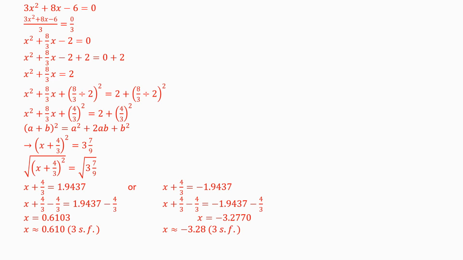And to delve deeper into the significant figures, I found it wise to share some rules of identifying whether a number is significant or not, especially the zeros. So, the first rule is all non-zero digits are significant.